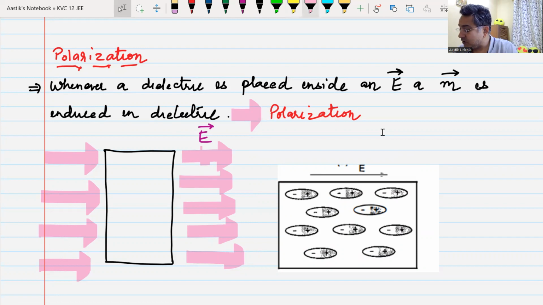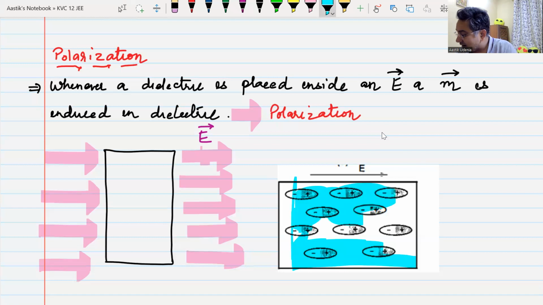Now, what happens because of this alignment is, inside the dielectric, if I call this space the blue space, all the charges will cancel each other out. But on the edges, on the left edge, you will have negative charge which will not get cancelled, and on the right edge, you will have some positive charges left.